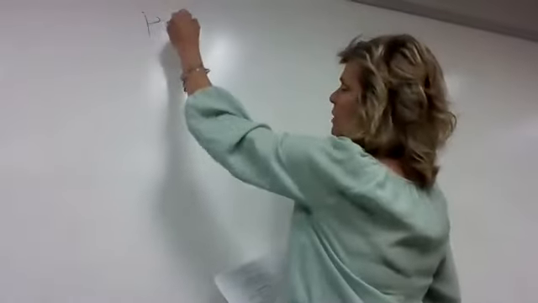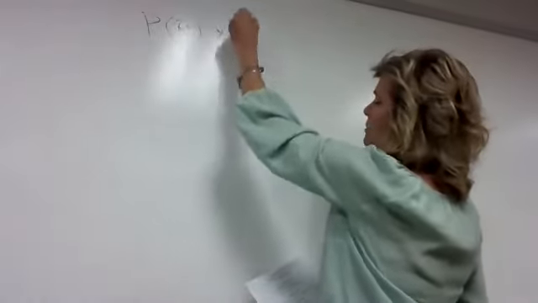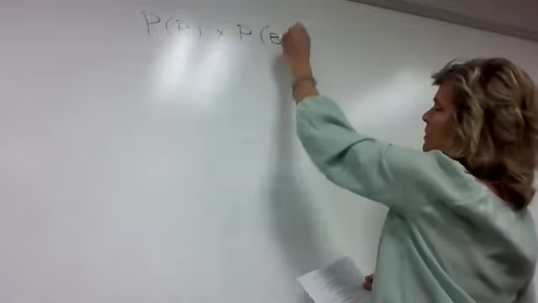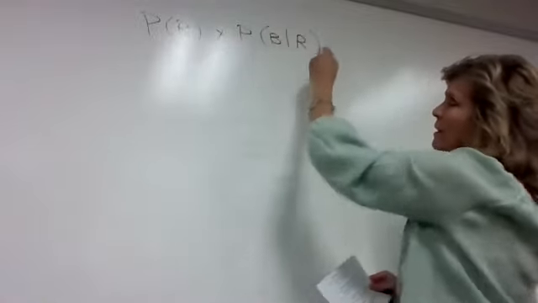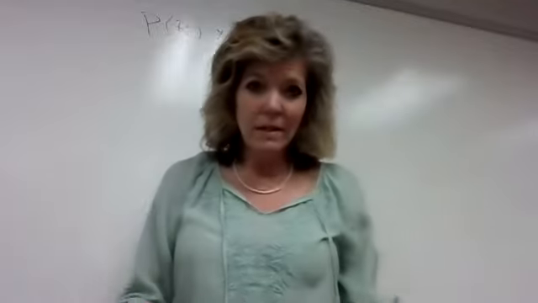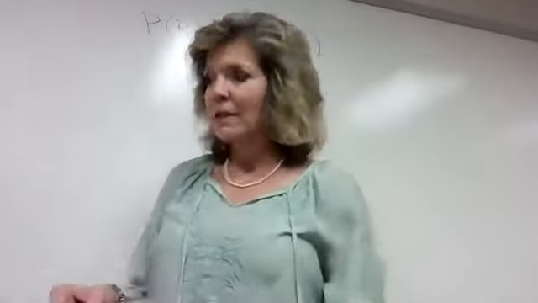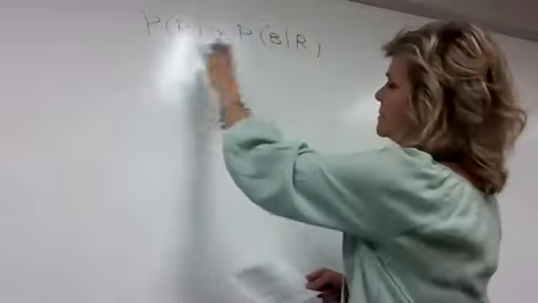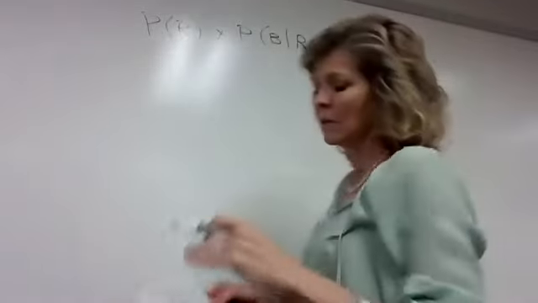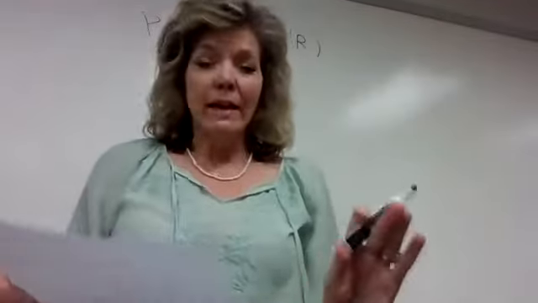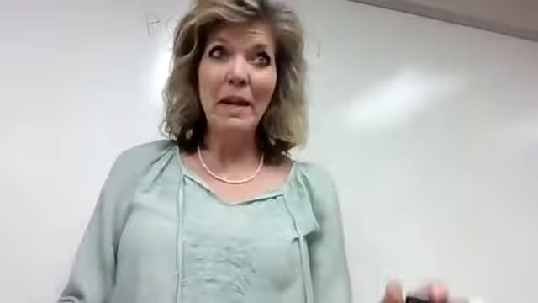And so if you're looking at what I just did earlier, when I put up the probability that we're going to draw a red times the probability that we'll draw a blue, given that we got a red, well, that leads us into this next formula. It's in lesson 4B.